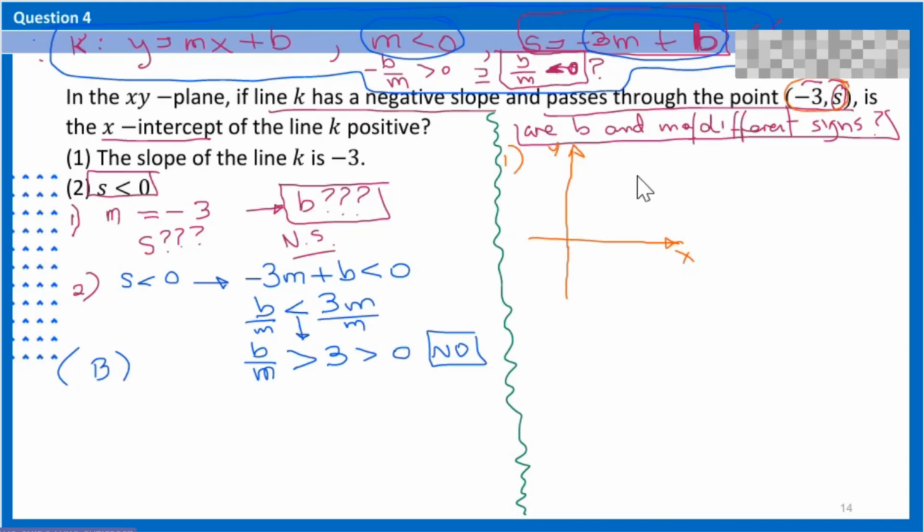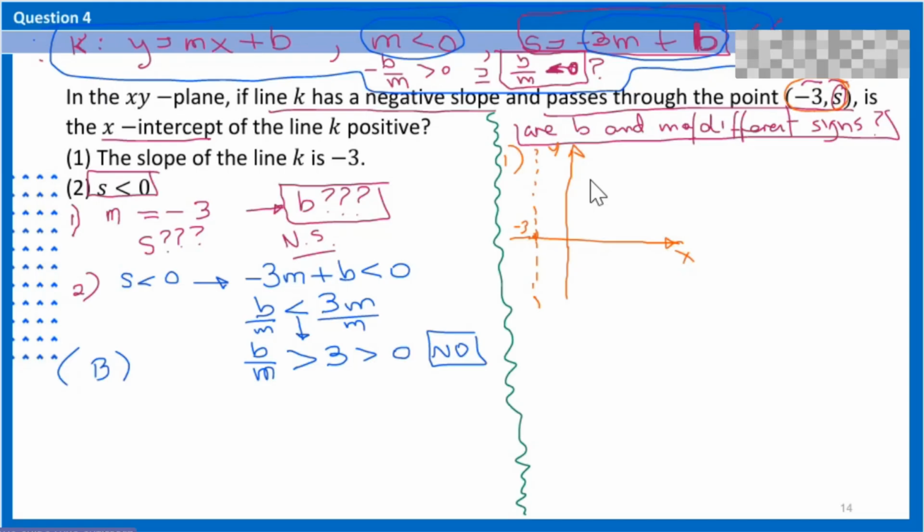Notice, negative 3, S means that the intersection point must be located on a vertical line that passes through this position. Any point on that vertical line would have a horizontal coordinate of negative 3. Unfortunately, we don't know S, so S could be anywhere along that vertical line.